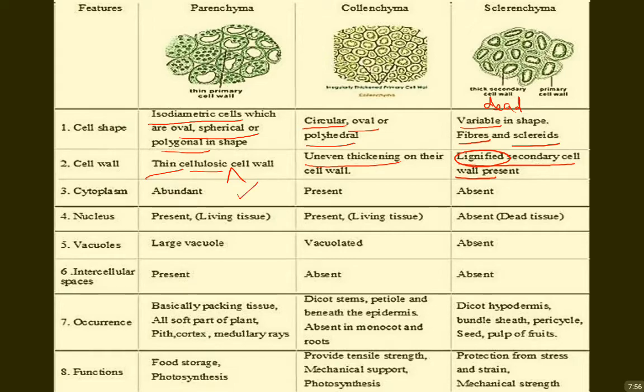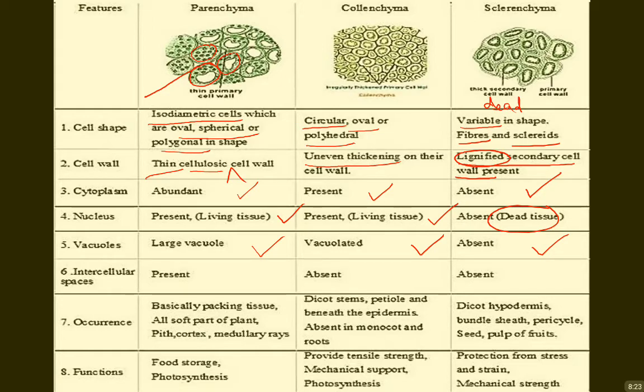Cytoplasm, a lot of cytoplasm. They have cytoplasm. For this one, no cytoplasm because they are dead tissue. Nucleus present, absent. Vacuole is large. This one has a vacuole, this one no vacuole. Intercellular space, yes, between the cells here, between one cell, two cells, three cells. The space between the cells, you call it intercellular space.